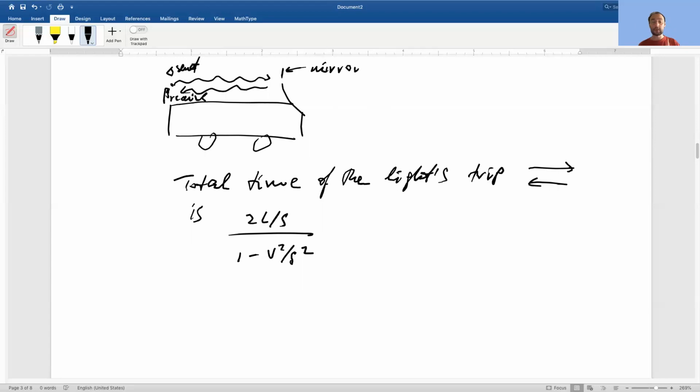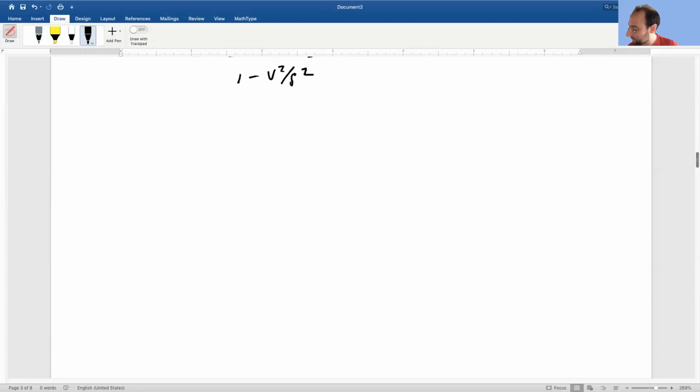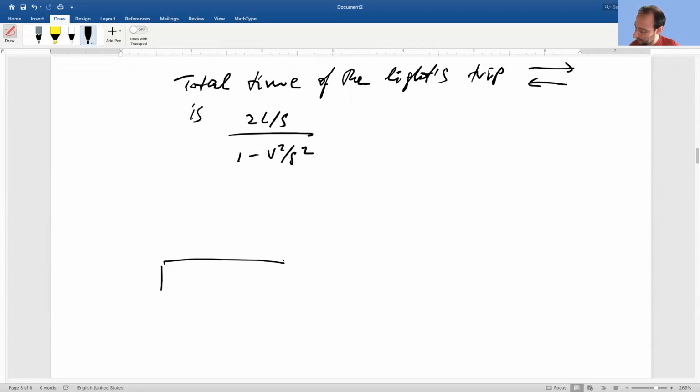On the other hand, if we shoot a signal up, perpendicular to the car's motion. So here's the car. Let's say I send a signal up. Let's say I have some kind of a reflector, and the car is moving, right?